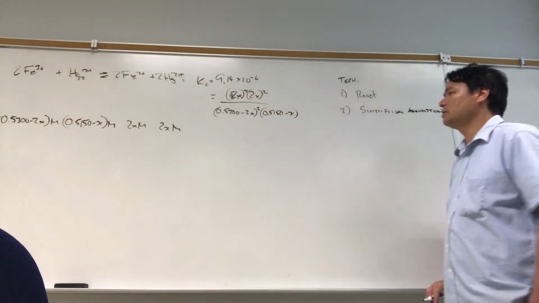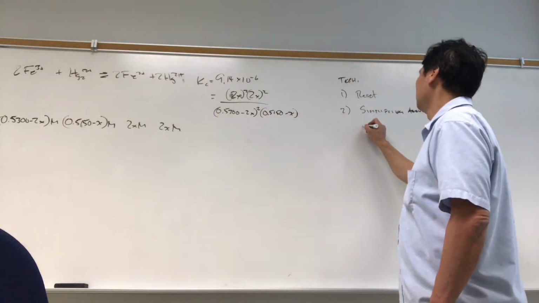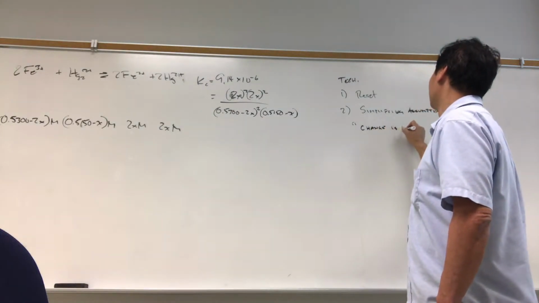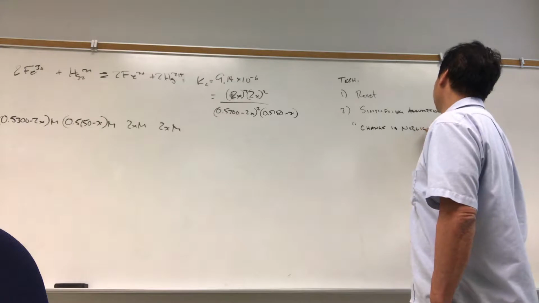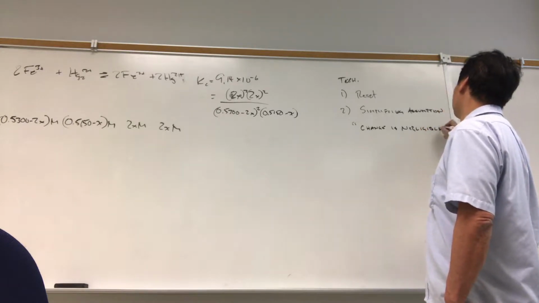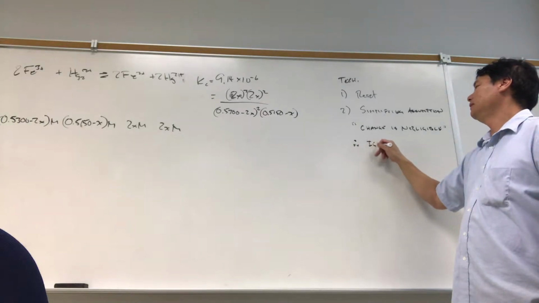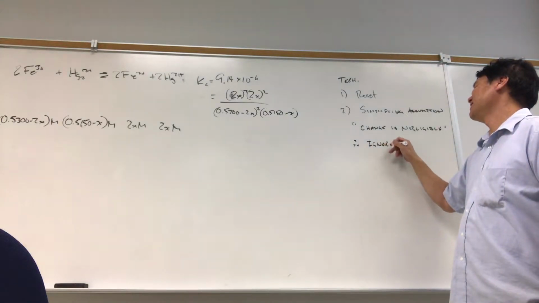The simplifying assumption just says that the change is small. The change is negligible. If the change is negligible, then we can ignore the change. But we don't completely ignore the change.